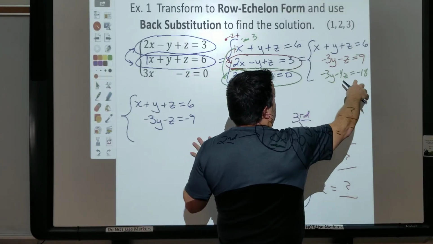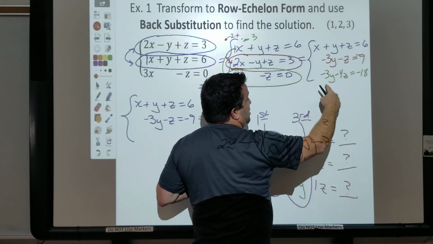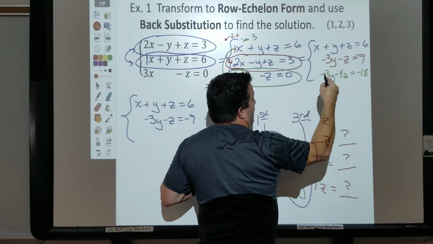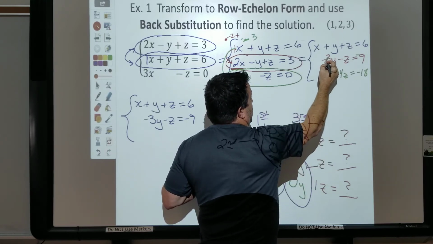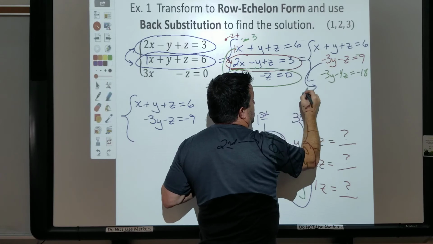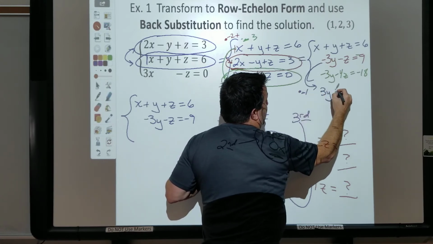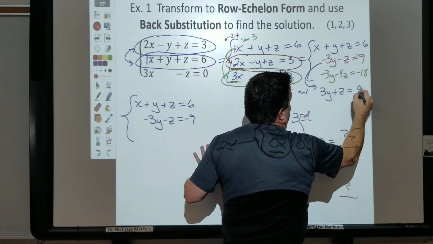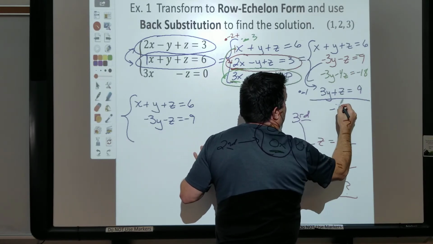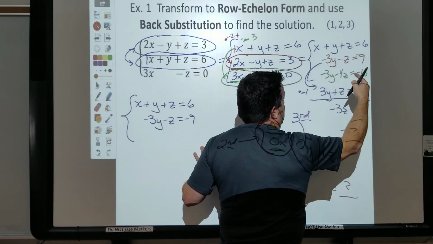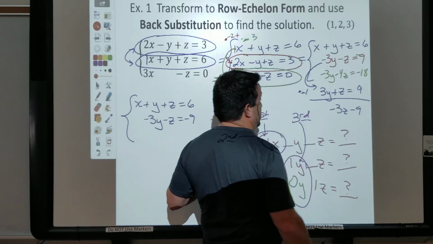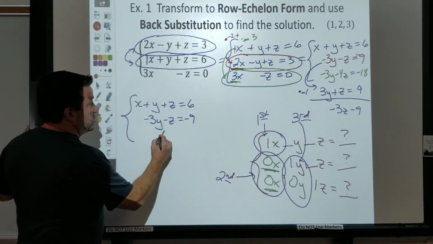So how do you eliminate that? One of these needs to become the opposite. So I would take maybe this equation and multiply it by negative 1, and it would become 3y plus z equals 9, and I would add these together and get negative 3z equals negative 9. So that would be my new third equation.